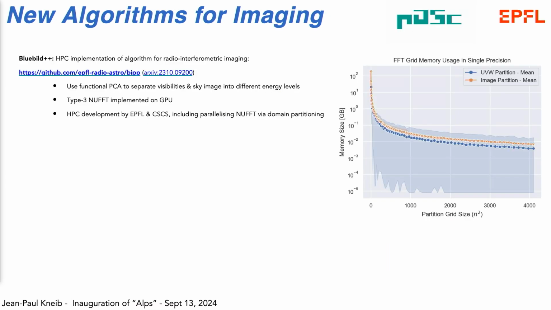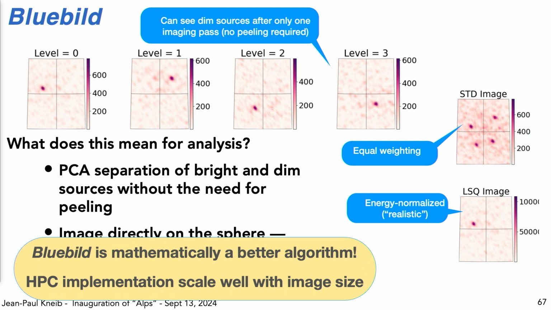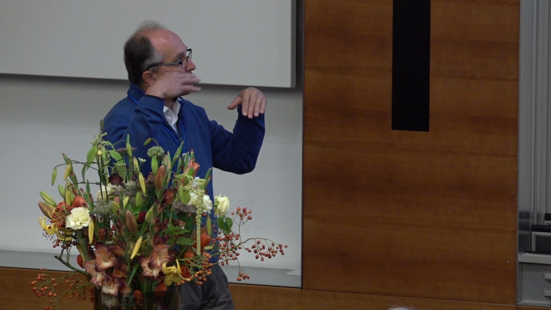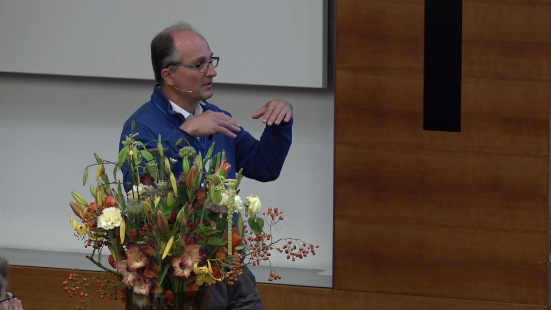So we've been working on an imaging system that is trying to improve that. I won't go into detail, but basically the idea here is to use a PCA separation of your signal, from the bright to the dim sources, and then do reconstruction at different levels.